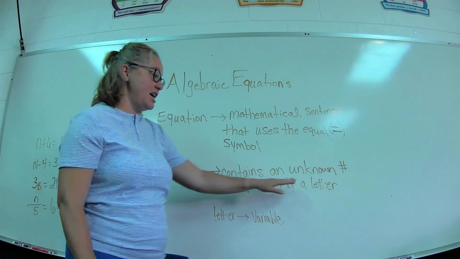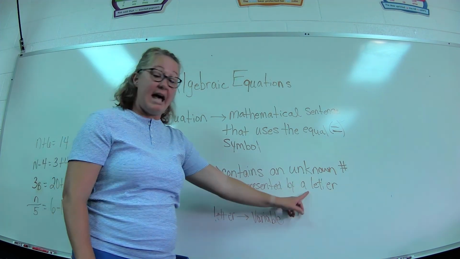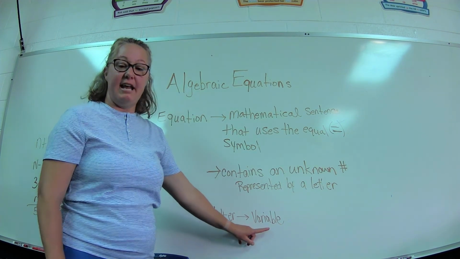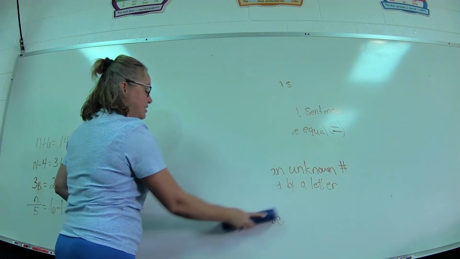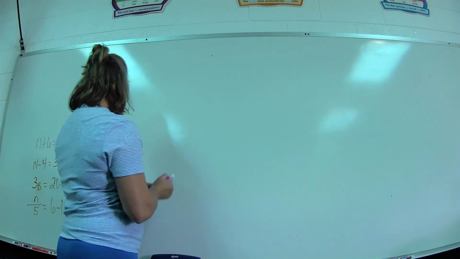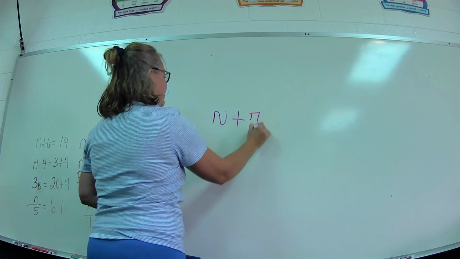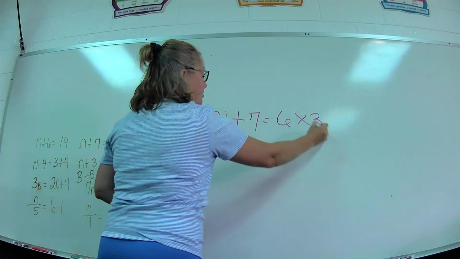It contains an unknown number represented by a letter of the alphabet, and that letter is called a variable. So let's do some practice. Let's look at what an algebraic equation looks like. First off, we can have n plus 7 equals 6 times 3.